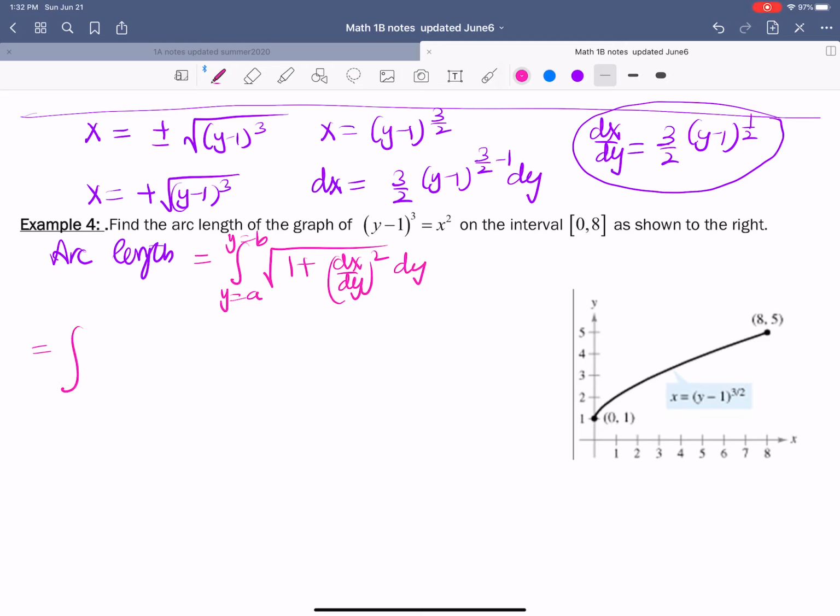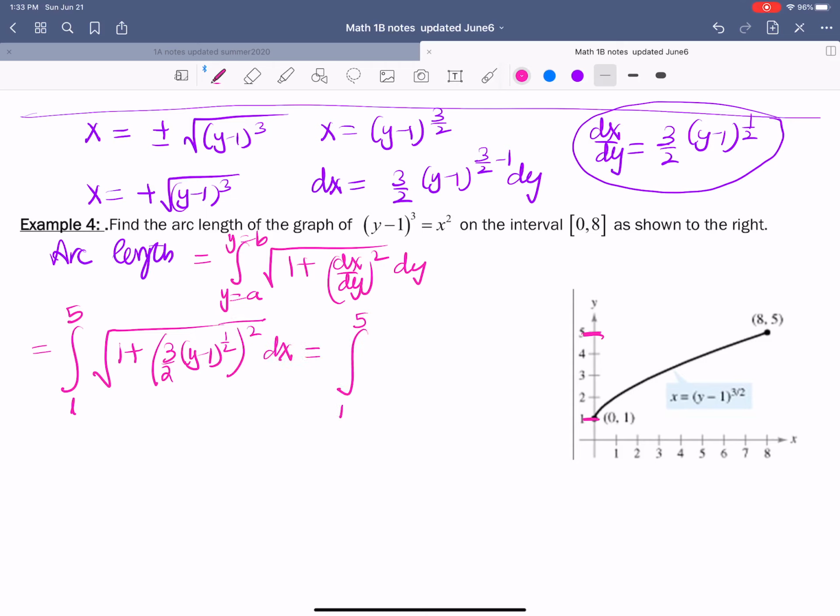Let's plug the values in. y is equal to a, which is 1, so from 1 to 5, these are my bounds, the square root of 1 plus (dx over dy) squared, which is (3/2 times (y minus 1) to the power 1/2) squared, dy.